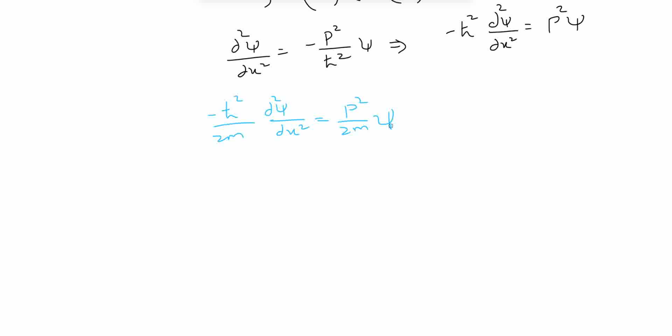So here we can see that p square by 2m is nothing but kinetic energy, and this is the kinetic energy and momentum relation. So basically, this is of the non-relativistic free particle.